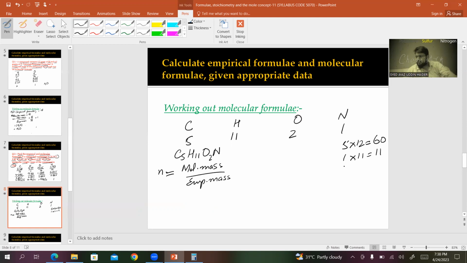For oxygen, you will multiply 2 by 16. You will get 32. For nitrogen, you will multiply 1 by 14. You will get 14. So now add up these values, and we get 117.